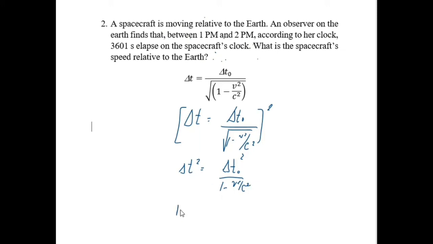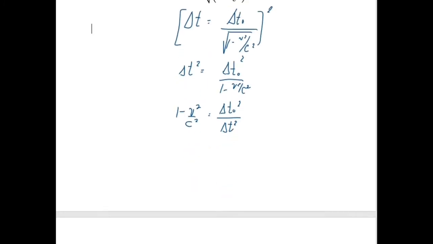Okay, deriving it further, we can now cross-multiply this expression to this. So we have 1 minus v squared over c squared is equal to delta t naught squared divided by delta t squared. So let's continue solving this.